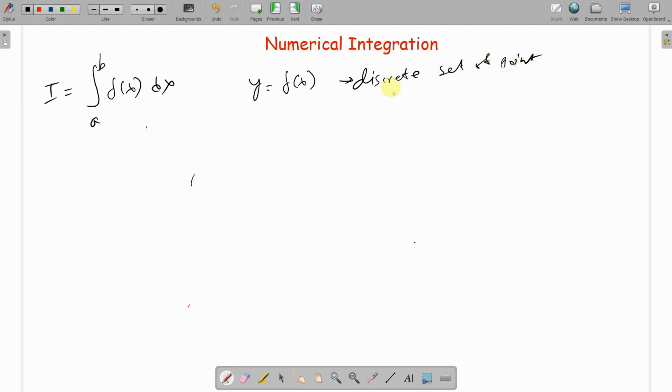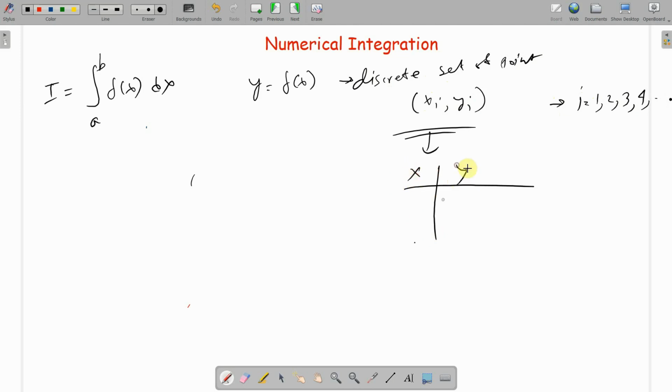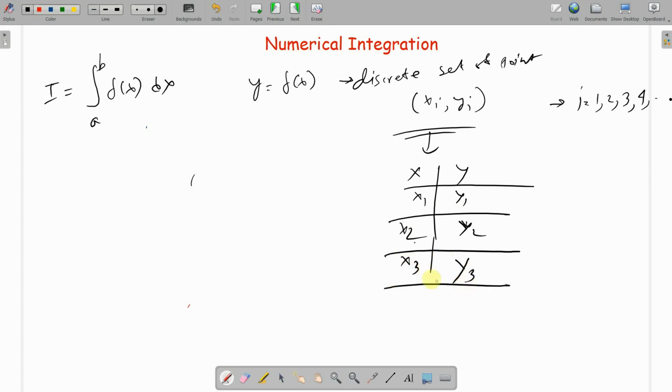That means you have the values of xi, yi, where i equals 1, 2, 3, 4. What do I mean by that? Make a table, then you will understand. X, y. The first one will be x1, y1. The second one will be x2, y2. So there is this discrete set of data, and from there you have to calculate the integration.